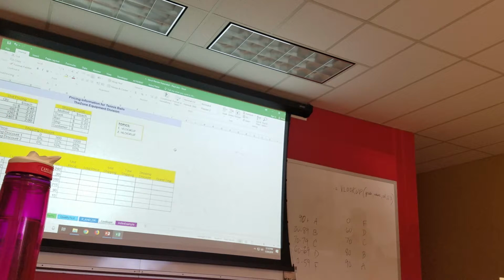We do a quantity price break kind of model, where somebody orders from 0 up to, but not including 60 cases of our tennis balls, they have to pay the highest price, $2.45 a case. However, if they order 60 up to, but not including 120, they get a little bit of a price break. If they eventually get to where they order 240 cases or more, they get our best deal. Our best deal being $2 a case.